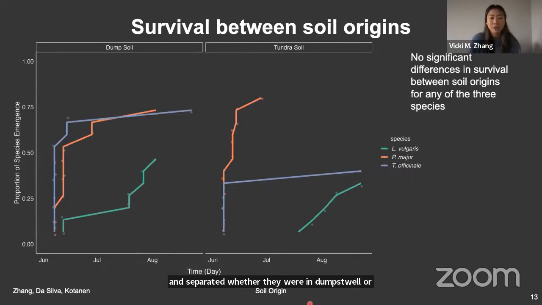I'm putting all three species data up here. For all three species, there's no significant difference in survival between soil origin types at the end of the growing season. This was just analyzed using end of season survivor data.